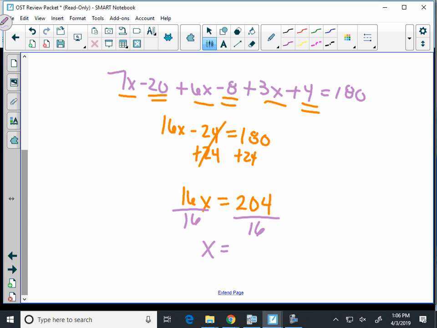And when I do that, 204 divided by 16, I think it's 4... We're going to plug this in my calculator.